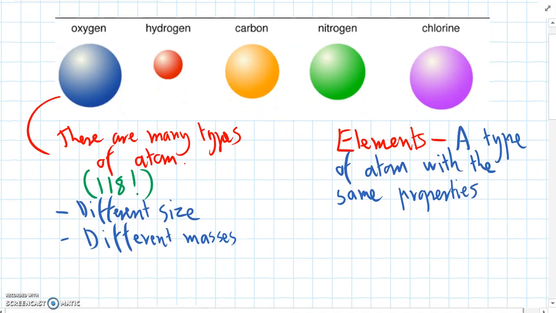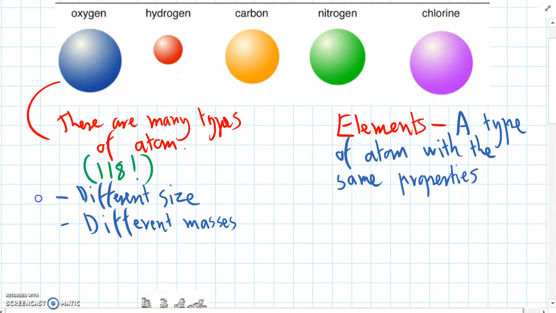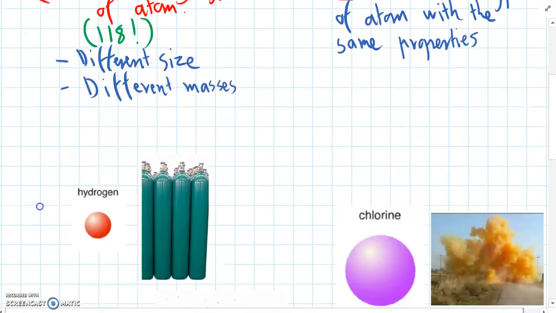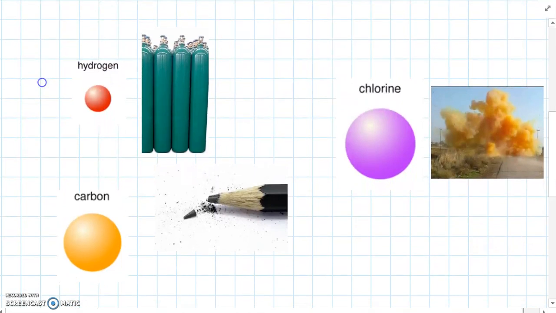So once scientists started discovering lots of different elements, they decided, let's give them symbols to make them a bit easier to write, because some of them have really long names, and it's easier to just give them a symbol. So here are some common different elements.